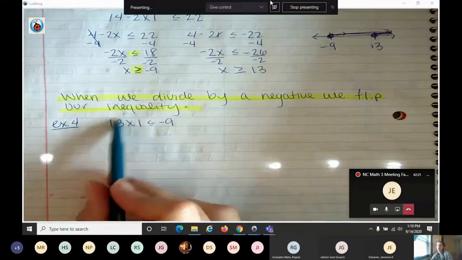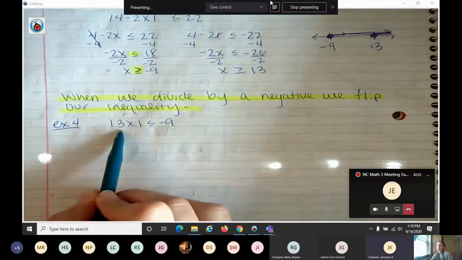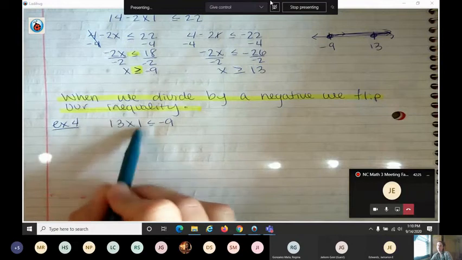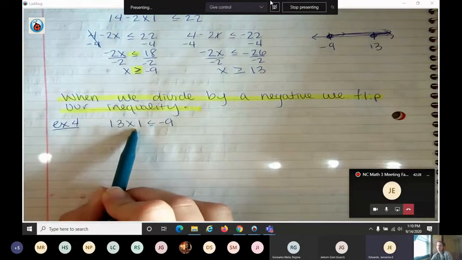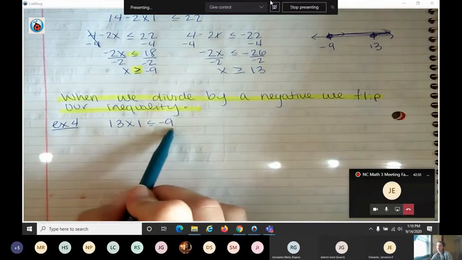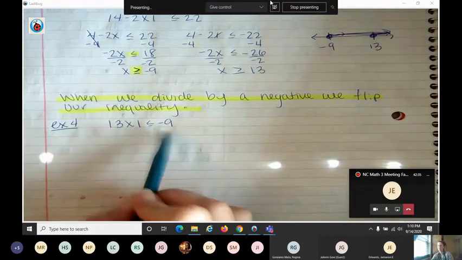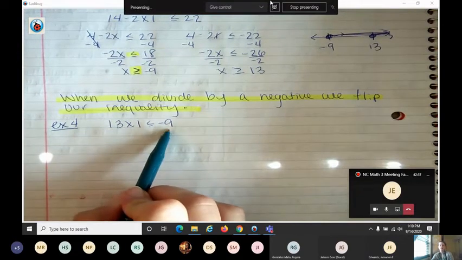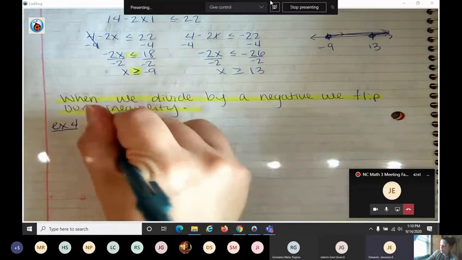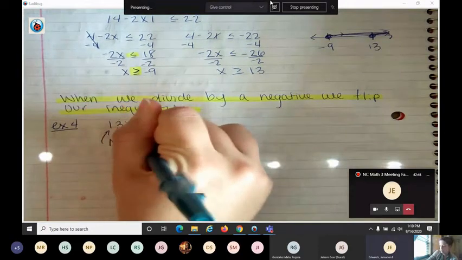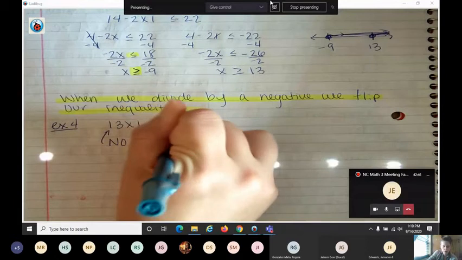But Jamarian, while I have you, this is an absolute value, right? Can absolute values ever be negative? No. So if this is a negative number, can this ever be smaller than that negative number? No. Very good. So this is no solutions. Okay.